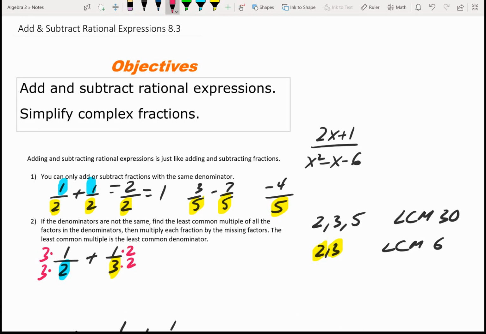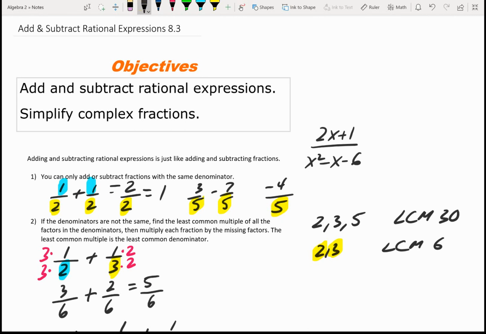Notice I have both factors, 3 and 2, in each denominator. So 3 times 1 is 3, and that will be 3/6. And then 1 times 2 is 2, and that will be 2/6. My denominator is the same, so I can add now. 3/6 plus 2/6 is equal to 5/6.